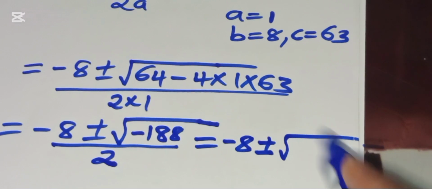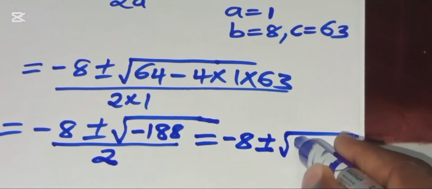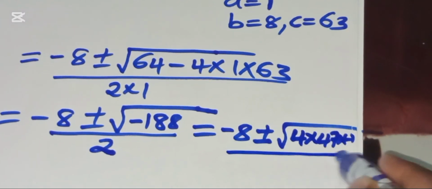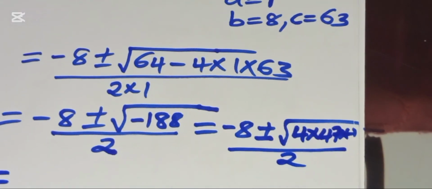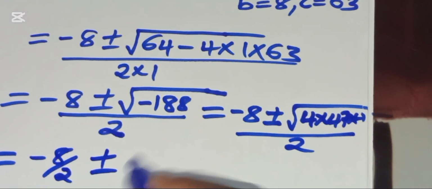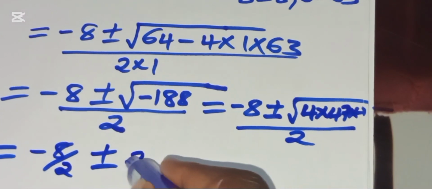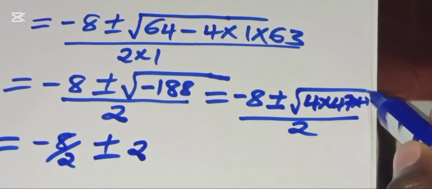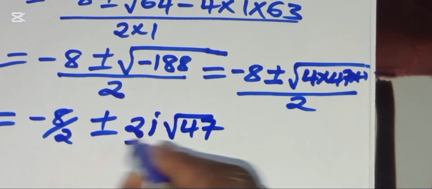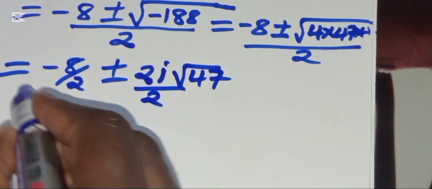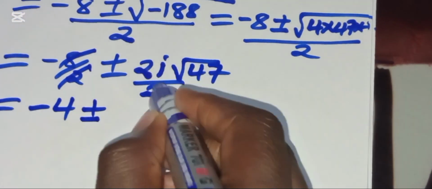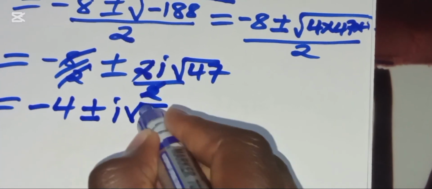Negative 188 can be expressed as 4 times 47 times negative 1. Divide everything by 2, so that we have negative 8 divided by 2 plus or minus the square root of 4, which is equal to 2. The square root of negative 1 is equal to i, then square root of 47, divided by 2. If you simplify, we have negative 4 plus or minus i square root of 47.